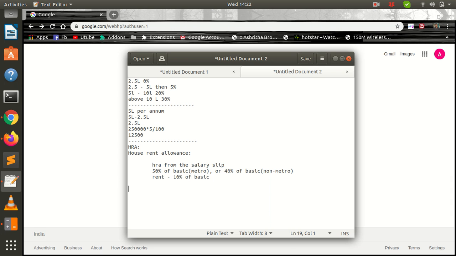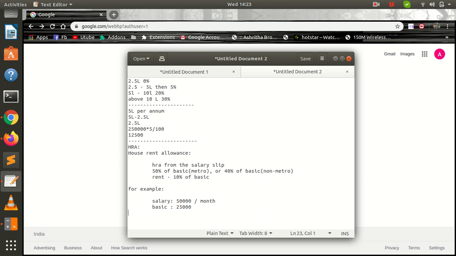Let me take a small example so you can get clarity. Let me consider my salary is 50,000 per month, out of which my basic salary would be 25,000.